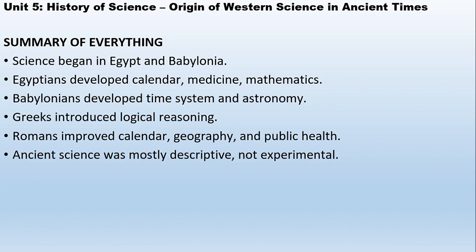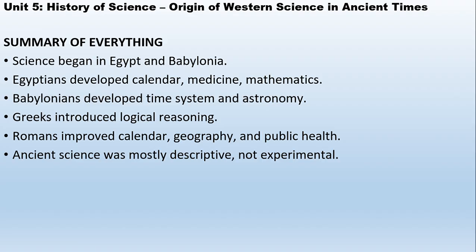The Greeks introduced logical reasoning because they had great thinkers there. Although those great thinkers studied in Egypt, they were great thinkers, and they were divided into two: the pre-Socratic thinkers and the Socratic thinkers.